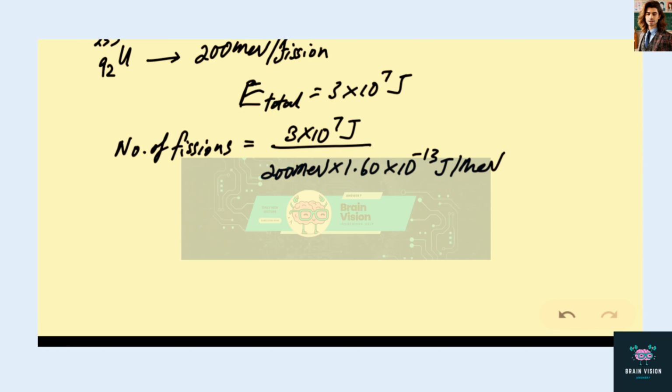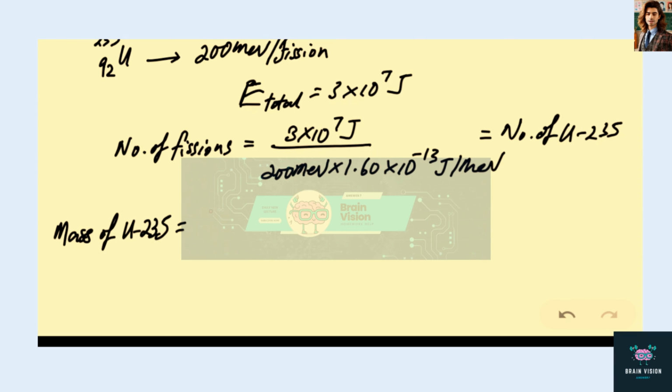This will give us the number of fissions, which is also equivalent to the number of uranium-235 required, since each fission reaction takes up one uranium-235 nuclide. So from here, we can find the mass of uranium-235 that's required.